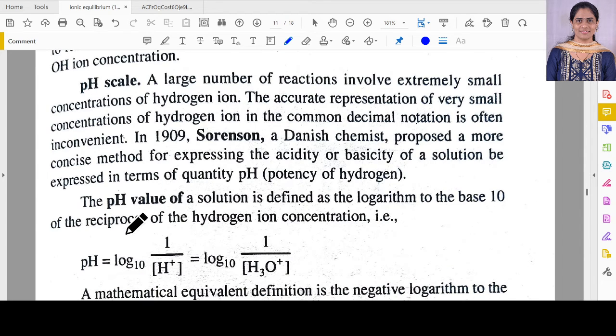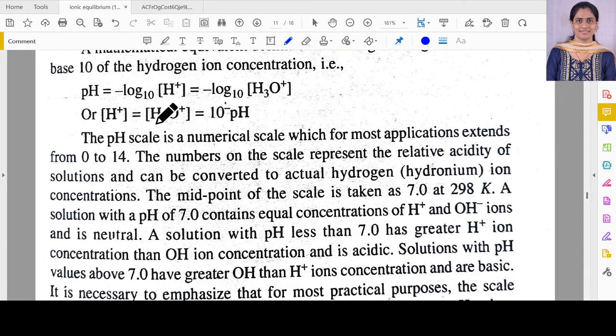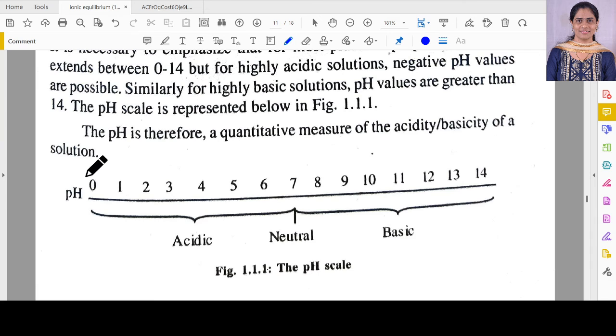Remember the definition of pH: it is the logarithm to the base 10 of the reciprocal of hydrogen ion concentration, or you can simplify it as negative log to the base 10 of the concentration of hydrogen ion present in the solution. So you can apply this formula or that formula. Remember, the pH scale goes from 0 to 14. Below 7 it is acidic, at 7 it is neutral, above 7 it is basic.